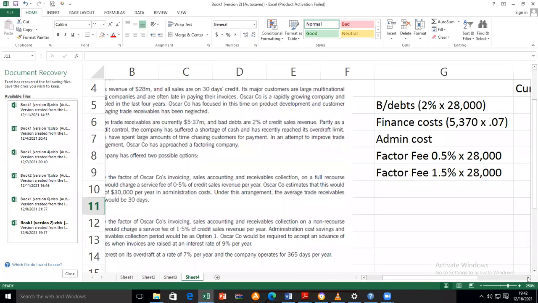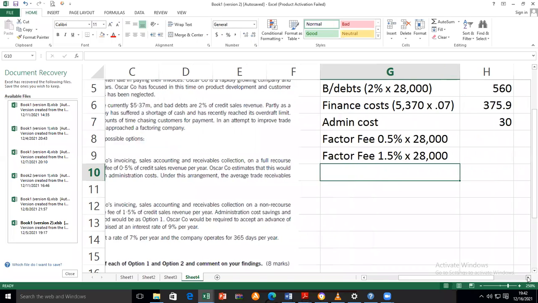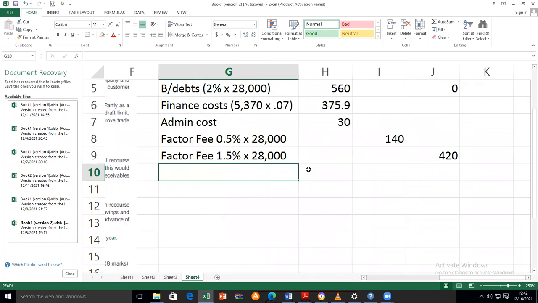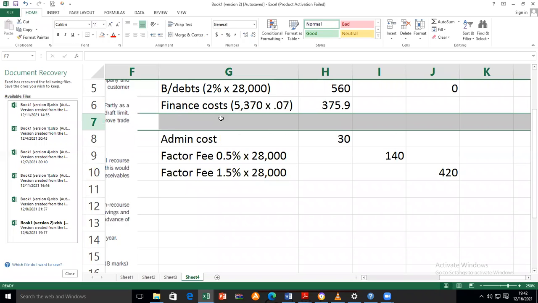So let's break down our finance cost. Let's put in the finance cost, with the benefit of, I'll put it here.